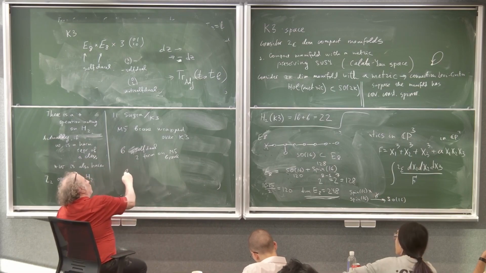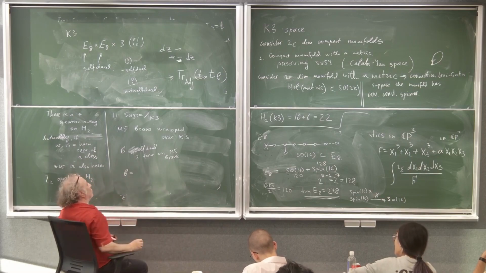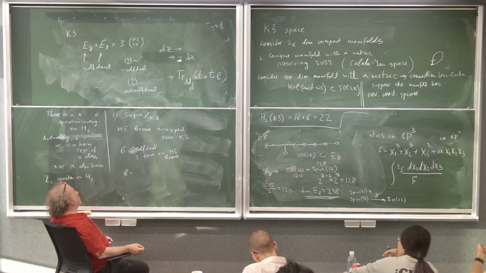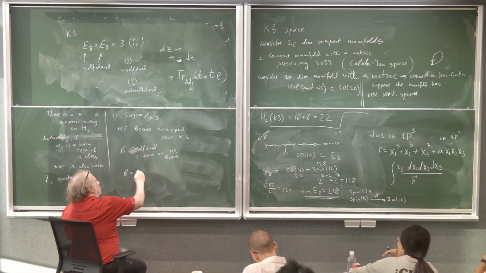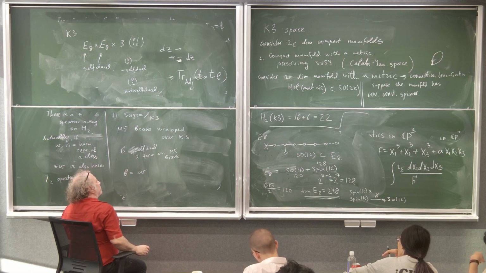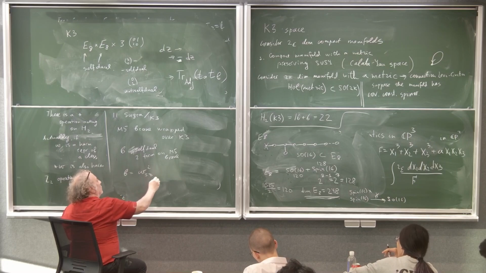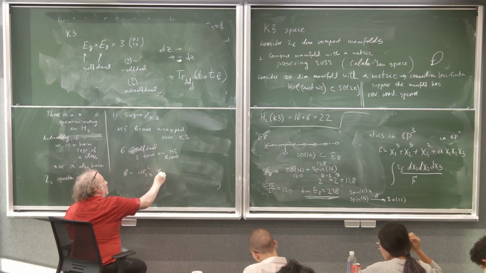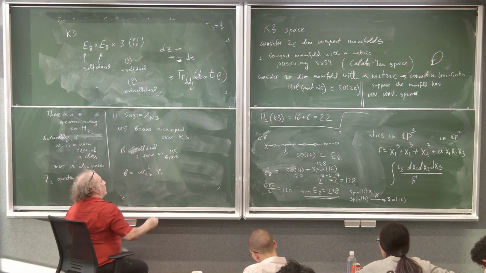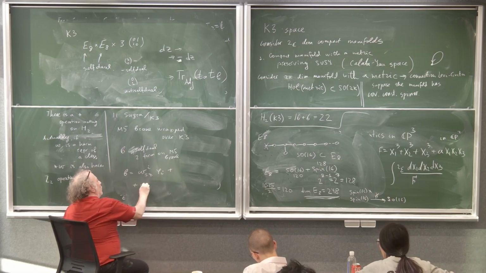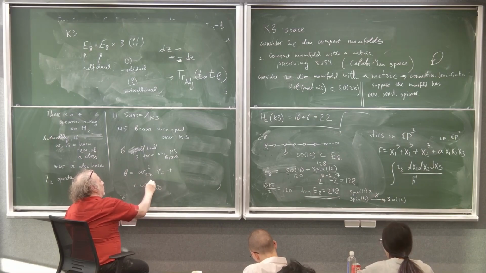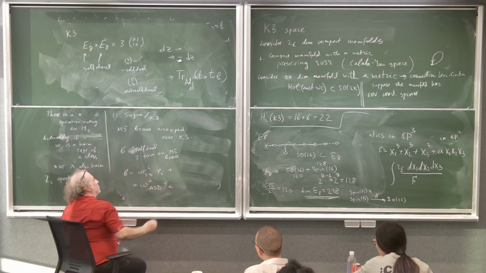And then I decompose B as follows: omega self-dual I, field phi I, plus omega anti-self-dual alpha, field phi alpha.